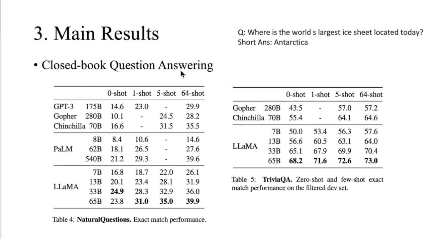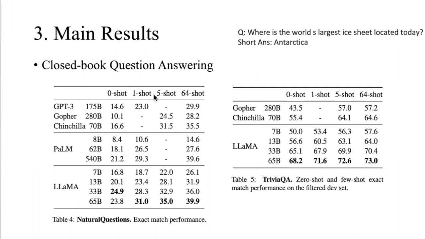So this is closed book Q&A. Again, LLaMA shows the best performance. One more interesting comparison is the 13 billion parameter LLaMA against the 175 billion parameter GPT-3. On this dataset, LLaMA 13 billion has better performance than GPT-3.